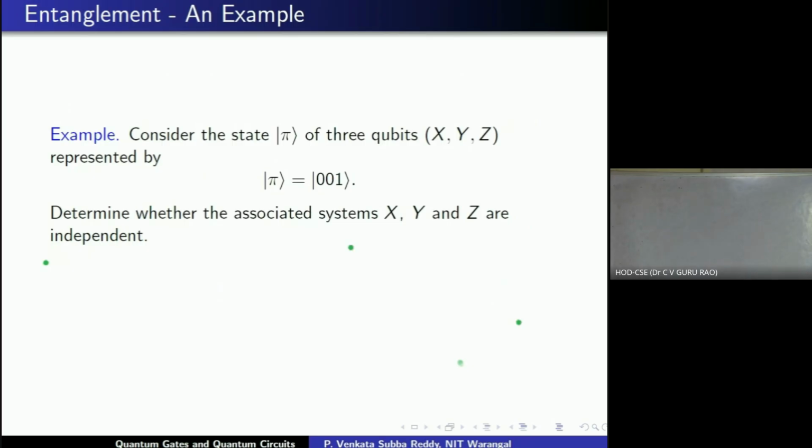Is it possible? What is ket 001? We know that it is 0, 1, 6 zeros. Now for ket 001, you find out what is ket 0, tensor, ket 0, tensor, ket 1. All of you calculate this.